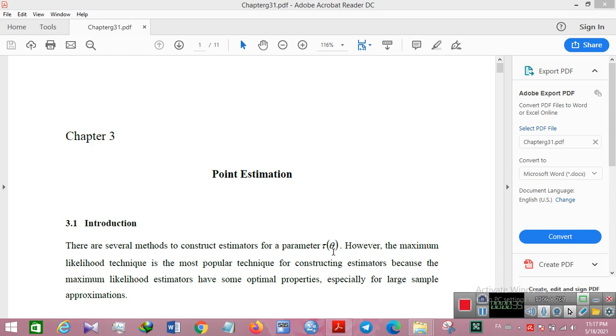However, in the last section we defined the statistics, which we use to make statistical inference. In this section we talk about the maximum likelihood technique, or method, to estimate theta or a function of theta, for example 2 theta.